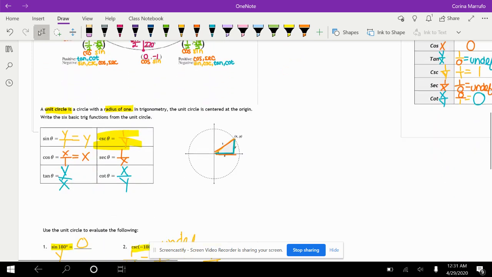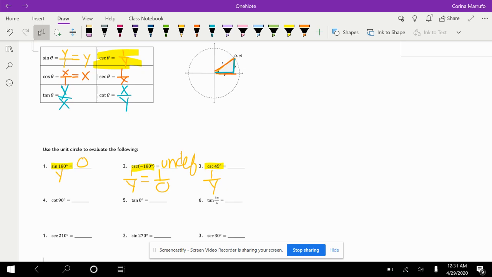What we need is the inverse, which is cosecant, which is 1 over y. So it's going to be 1 over the square root of 2 over 2. All we have to do is flip that square root of 2 over 2 over, so it becomes 2 over the square root of 2. Because remember, cosecant is a reciprocal of sine. That means we have to flip the fraction over.